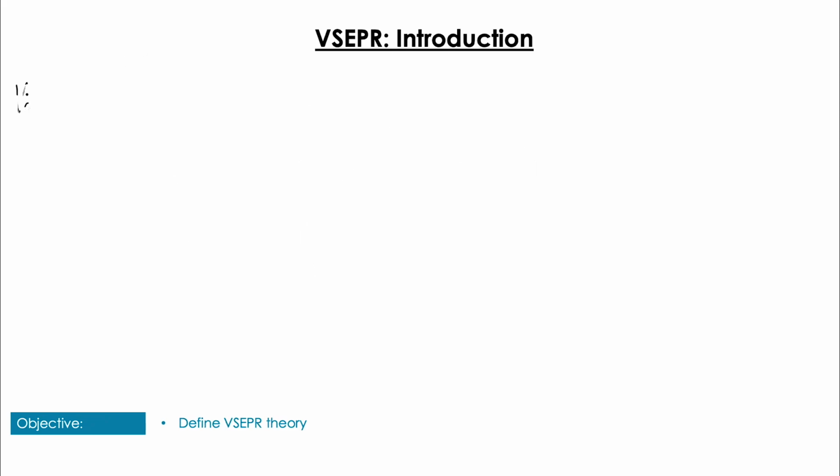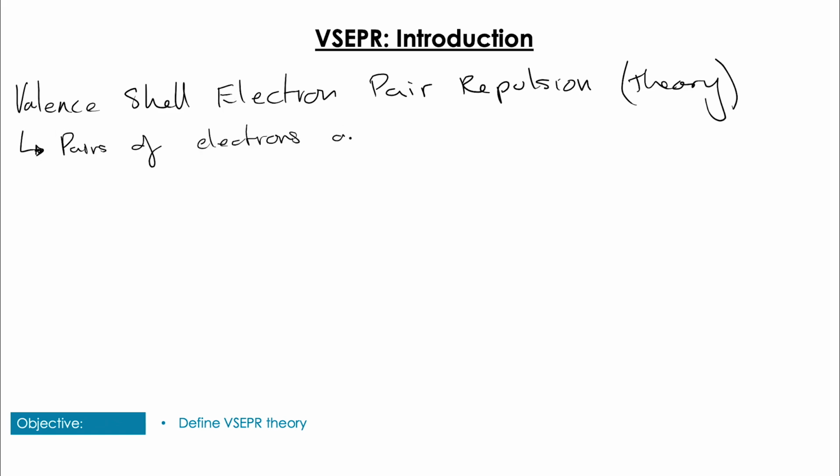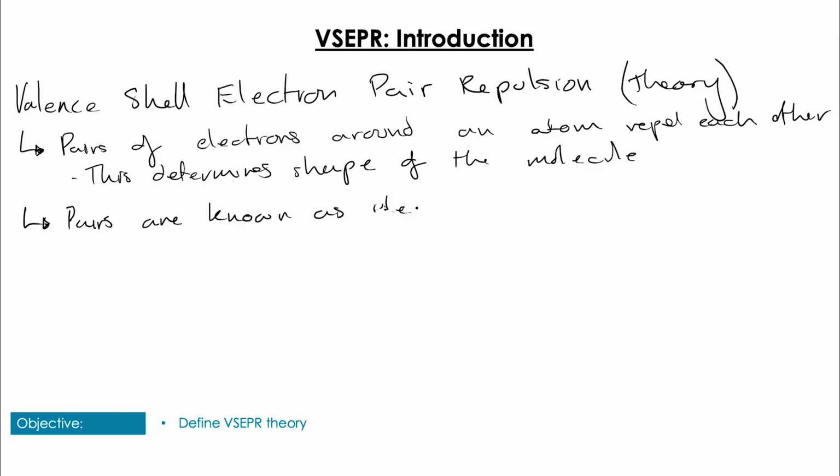So we're going to base our look at covalent structure shapes on valence shell electron pair repulsion theory, or VSEPR theory. And this theory quite simply states that pairs of electrons around a central atom repel each other as much as they possibly can. And fundamentally, this determines the overall shape of the molecule.